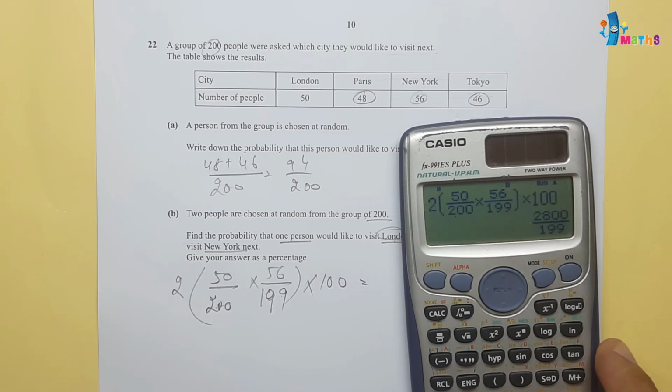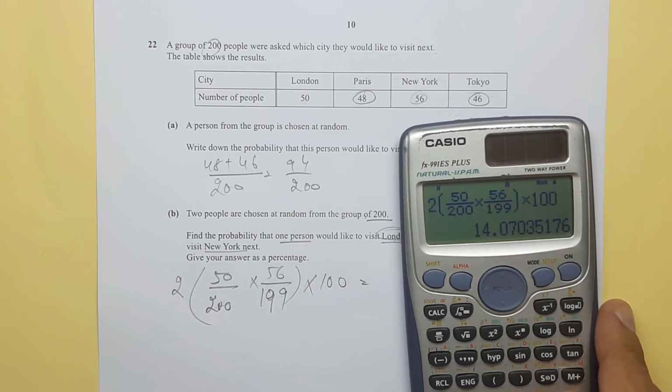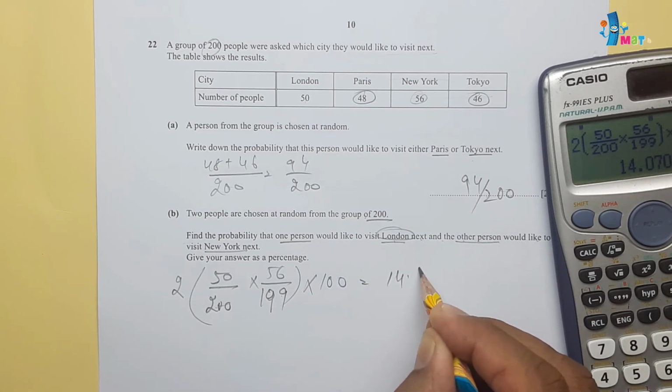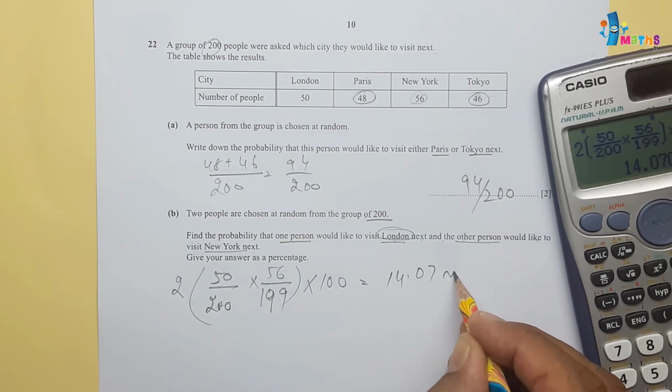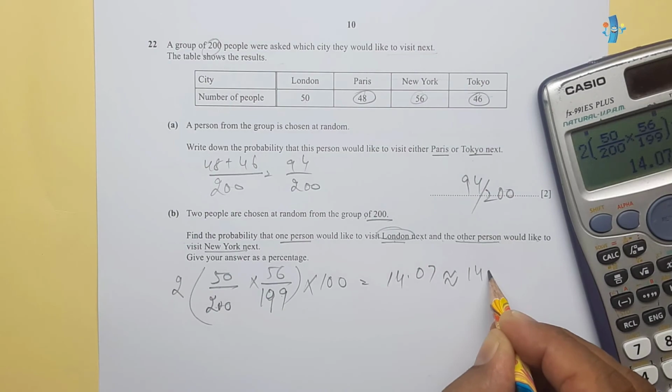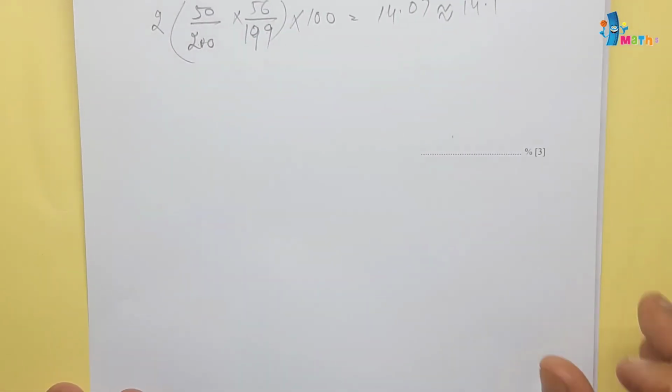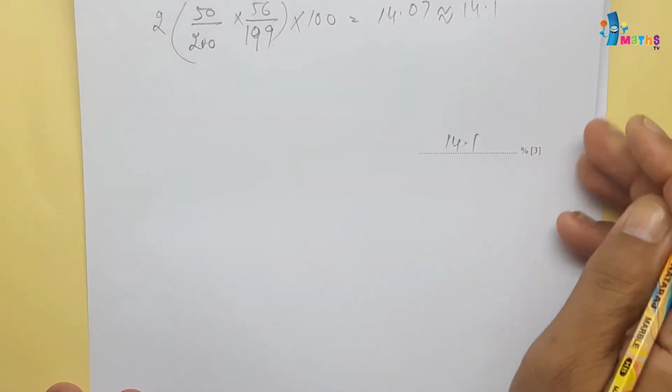This will be equal to 14.07, which is approximately equal to 14.1. So our answer will be 14.1%.